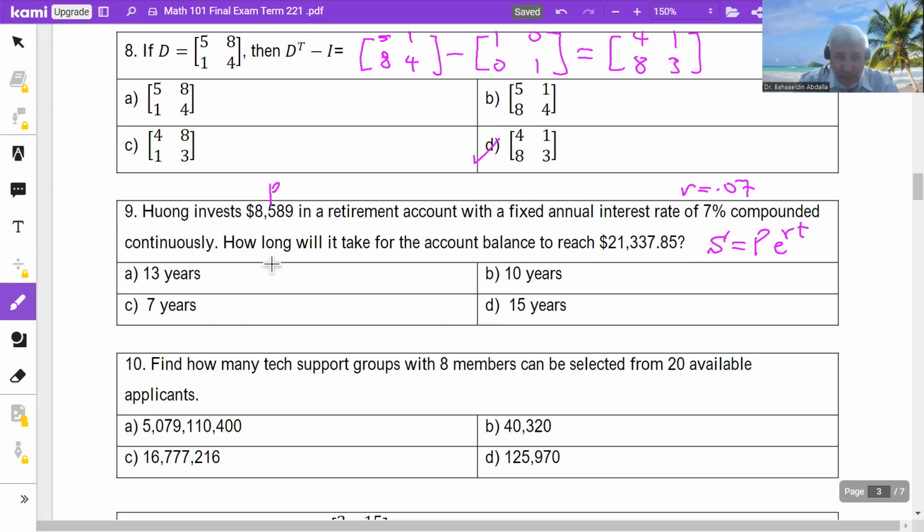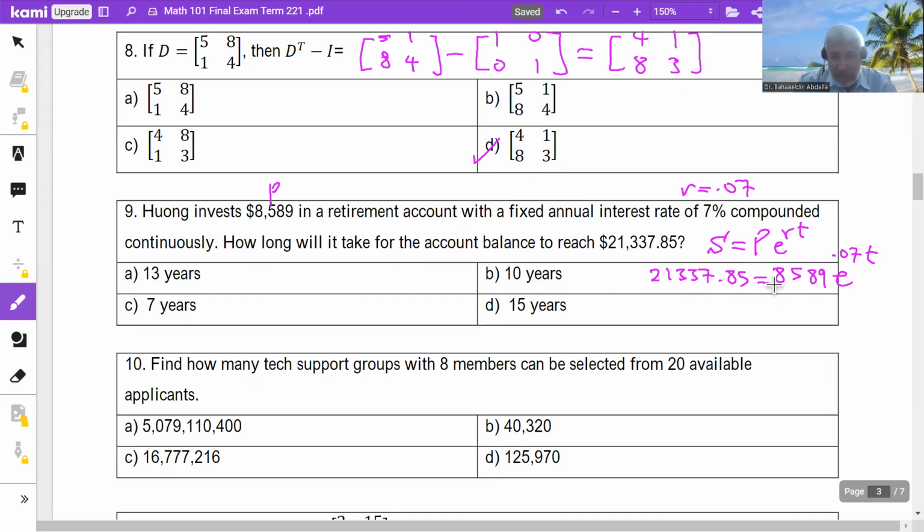How long will it take for the account balance to reach $21,000? So S would be 21,337.85, and P is 8589, and we have e to the power 0.07, that's R, times T, and T is unknown here. How long will it take? So we need to find T.